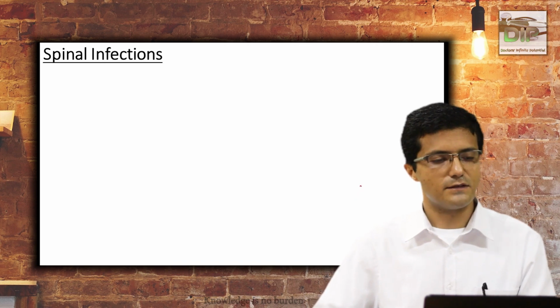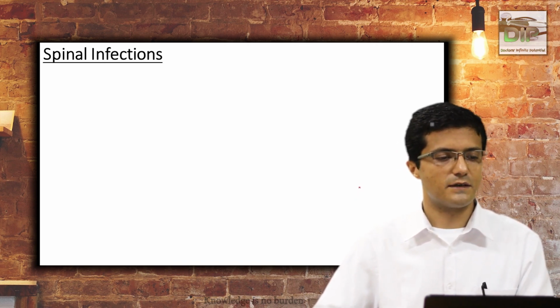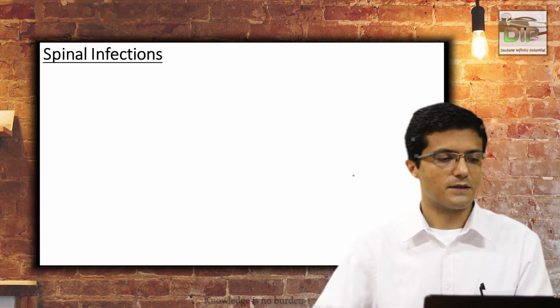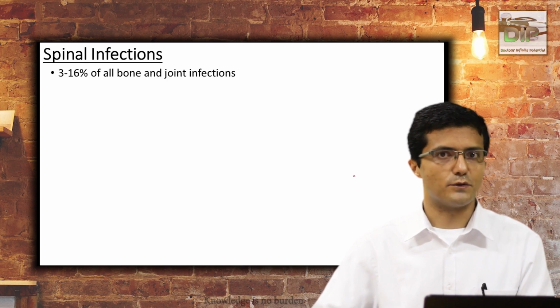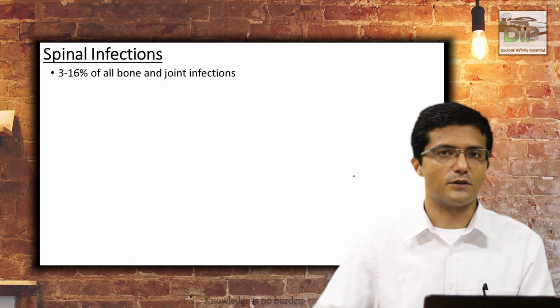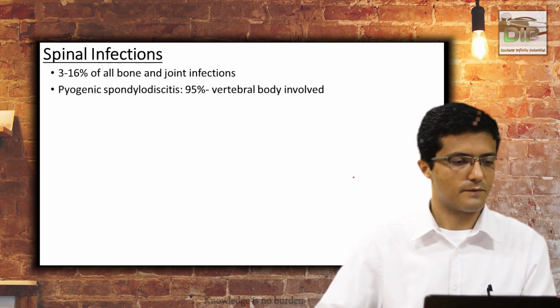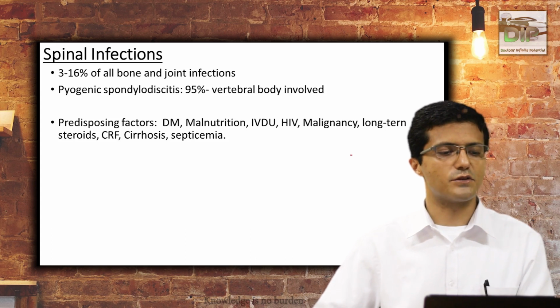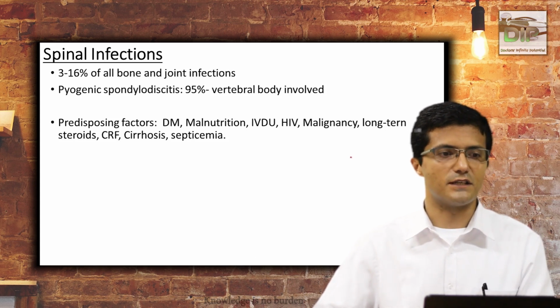Spine infections are another important cause, especially in our setting in developing countries, and are often missed in the outpatient clinic in the first few visits. So we have to know in detail about these spine infections, but I'll just go in brief. 3 to 16% of all bone and joint infections occur in the spine.